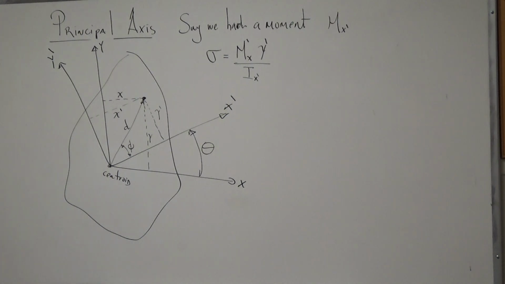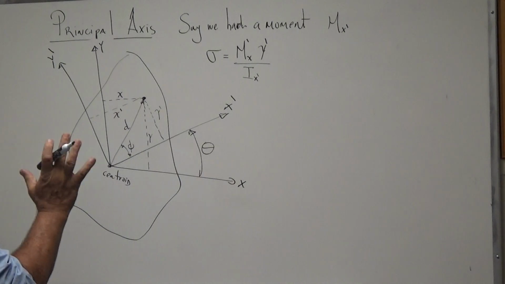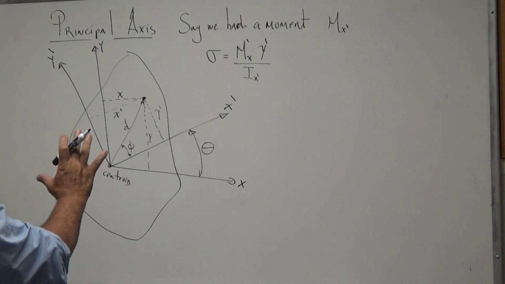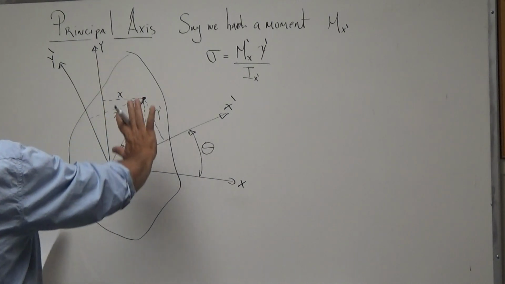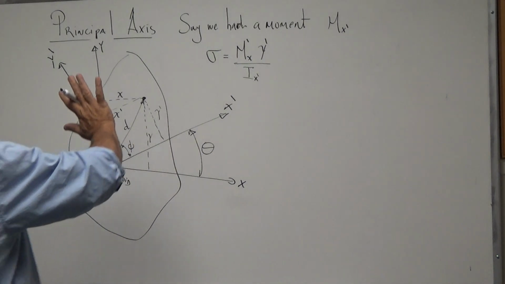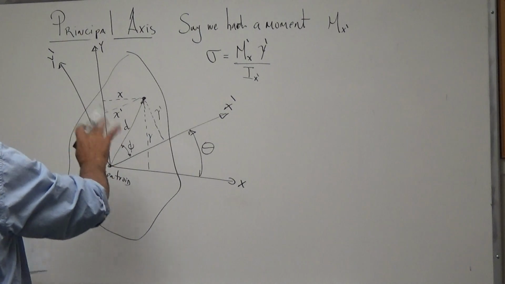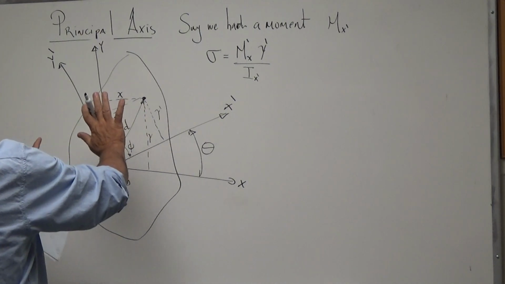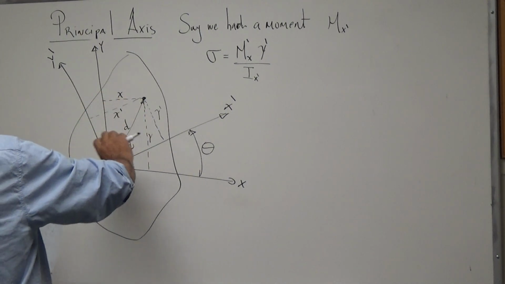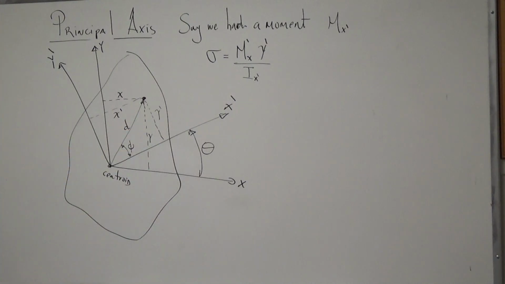Now, what I'm saying, and this is the key point for you to try to understand as well as you can, is that all these stresses which are getting generated in this plane, compressions and tensions and so on, when you sum moments about the y prime axis, they must be zero if, in fact, this is a principal axis, because that is the definition of what a principal axis is.